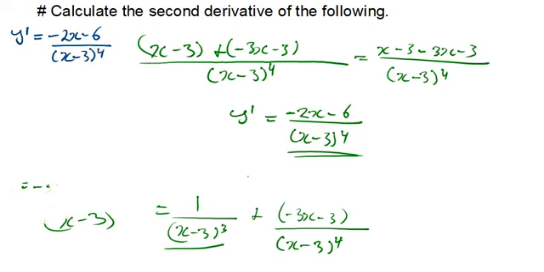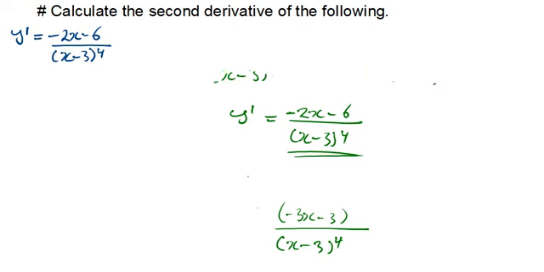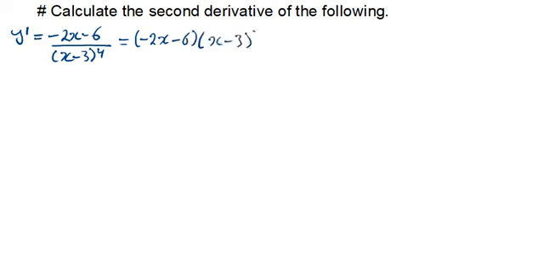Alright, so now we use what we have to get what we want, which is our second derivative. Again, here is a choice. You can use the product rule, or you can use the quotient rule, but for me I would love to use the product rule. So I'll say (-2x - 6) times (x - 3) to the power negative 4.